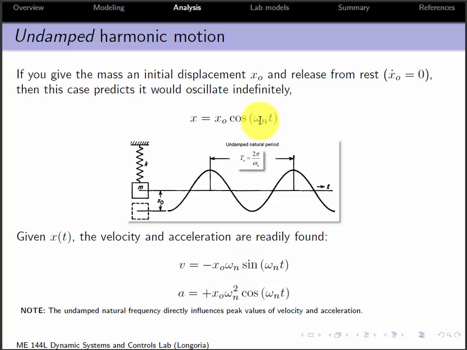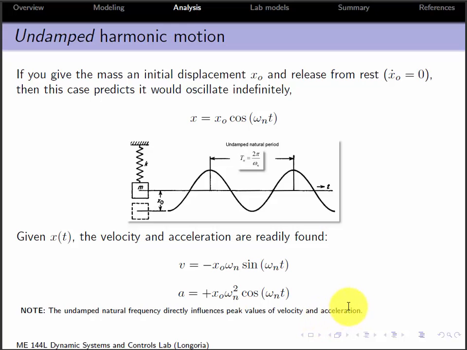So this term here, just by differentiating this, that means if I deflect it with a known value, I can predict what the peak velocity is going to be, what the peak acceleration is going to be, because I will know what the natural frequency is. Again, turn it around. If I measure the peak acceleration, I can go backwards and find peak displacement, right?